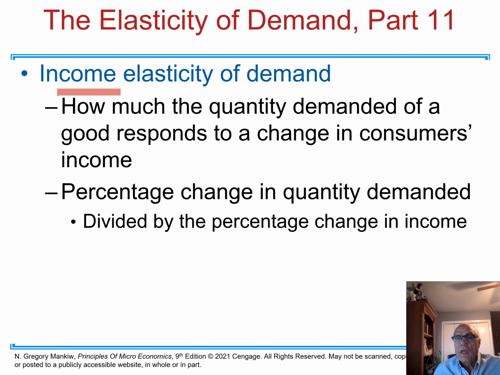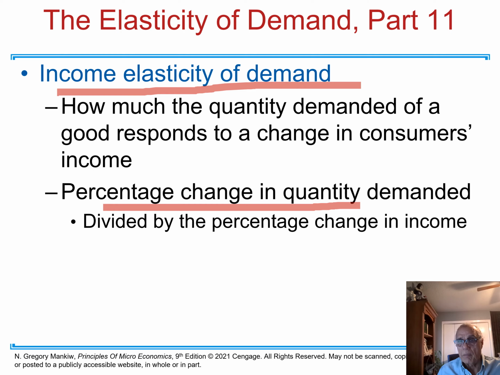How about income elasticity of demand? So far we've studied the price elasticity of demand. Now we want to see how consumers respond in buying products with regard to changes in their income. Again, we use the same formula: percentage change in quantity demanded divided by percentage change in their income.